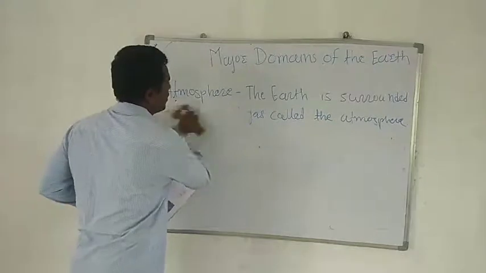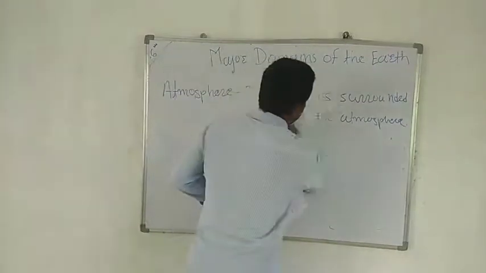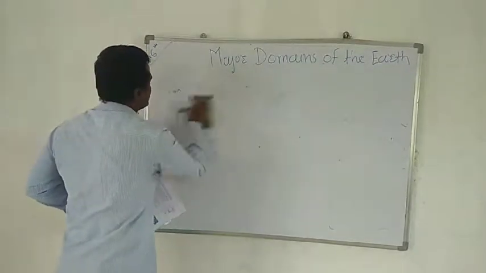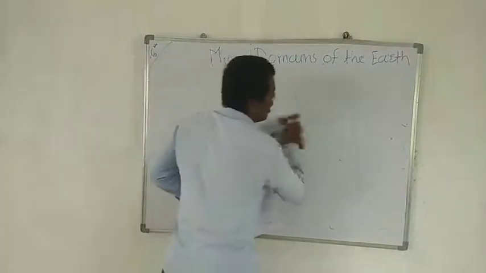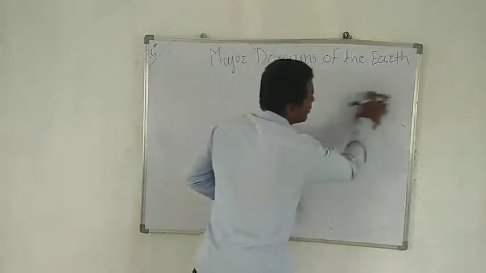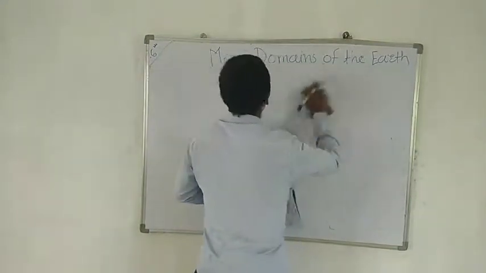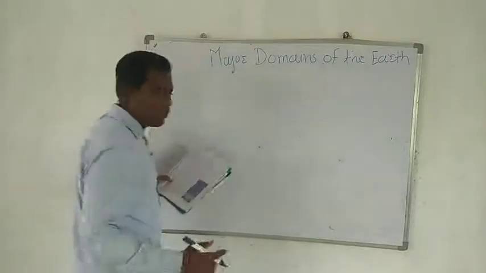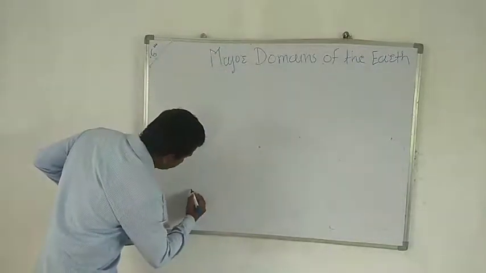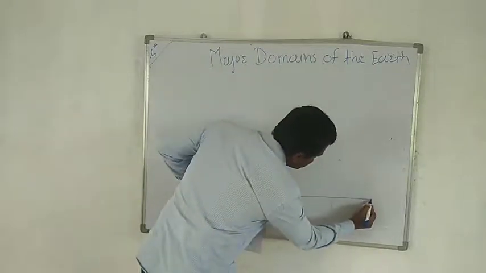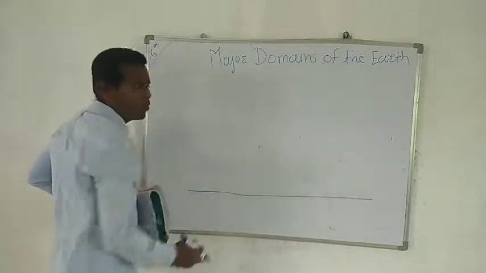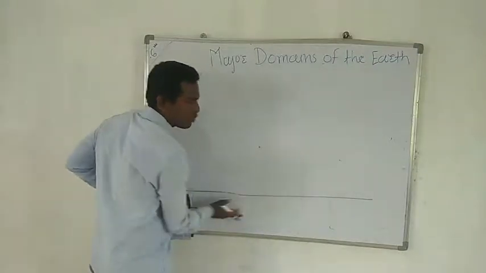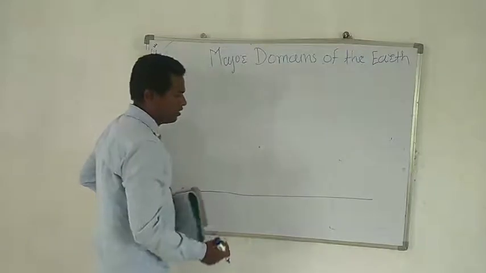See, now we are going to see how the atmosphere is formed and how we divide it. Suppose this is the ground level of our earth, that means this is the lithosphere.